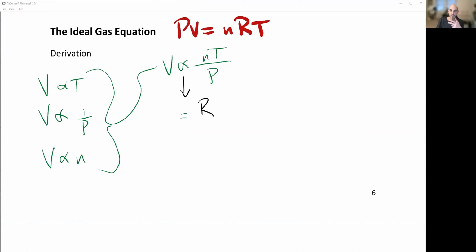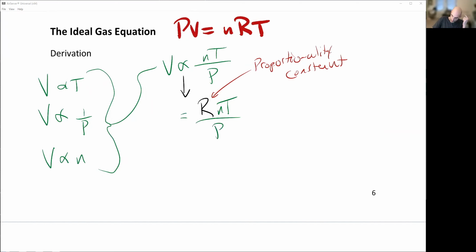Changing from a proportionality to an equal sign, to an actual equation, you basically just have to include a proportionality constant. Okay, and that goes for physics, it goes for anything. So volume is equal to R times n times T all over pressure.